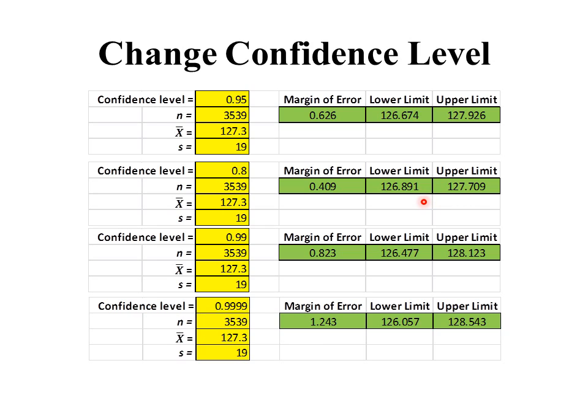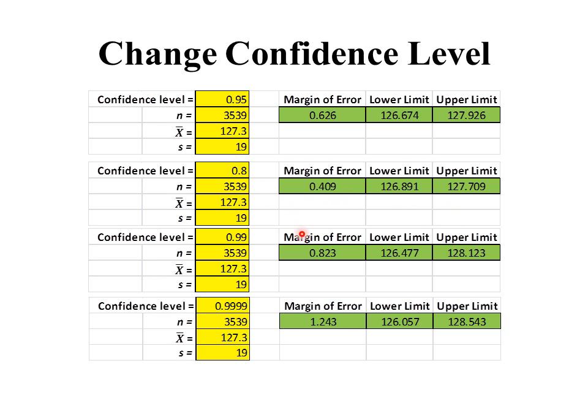So that gives us a narrower range of values for our possible values of mu. So we would interpret this by saying that we're 80% confident that mu is somewhere between 126.9 and 127.7. So, smaller confidence level gives us a smaller margin of error and a narrower confidence interval.